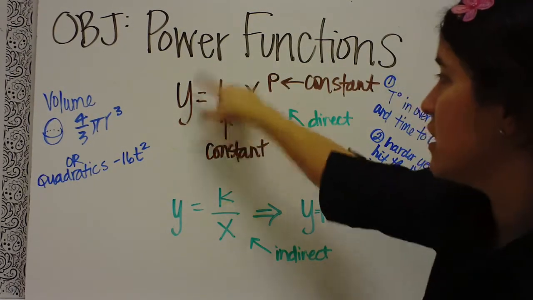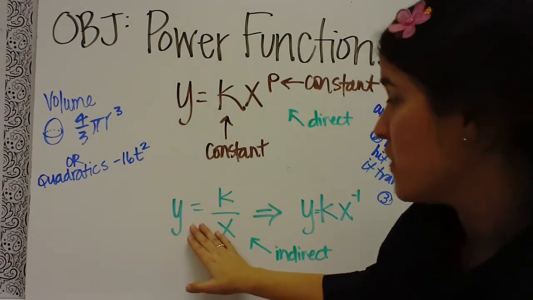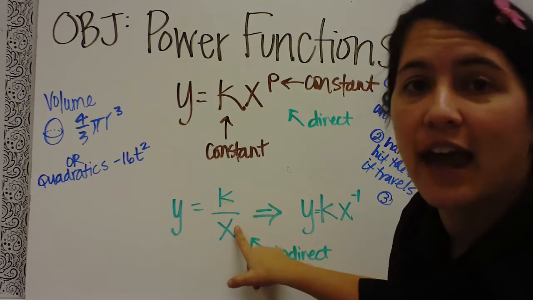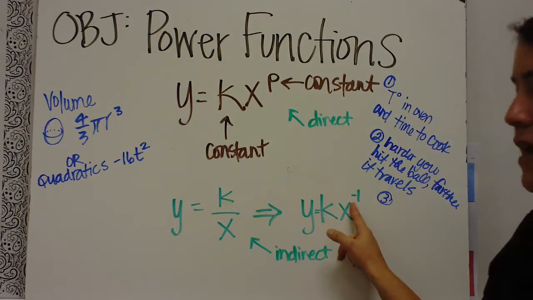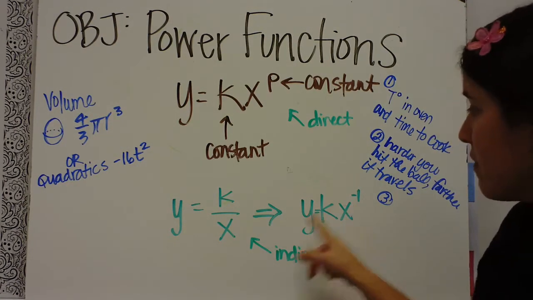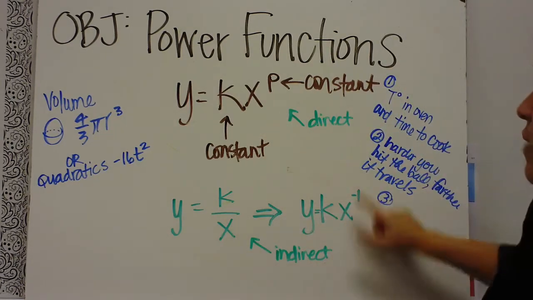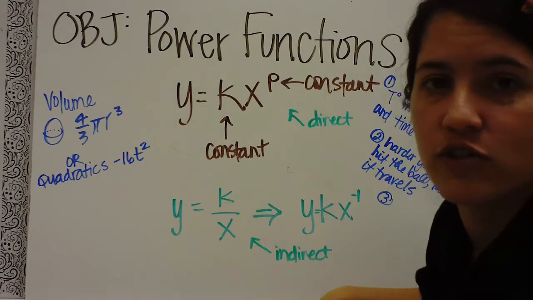Now, we have seen this. We just did inverse variation, y equals k over x. Well, this can be rewritten as a power function if you bring the x to the top and make it a negative power. So this is an indirect variation or inverse. So you have both of our power functions. One is direct and one is inverse or indirect.